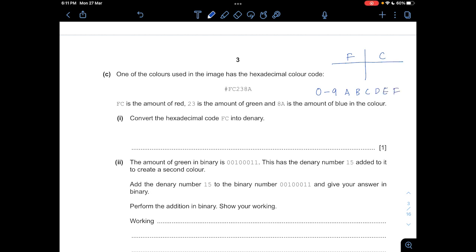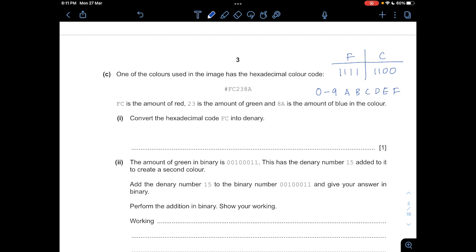And then for F, that would be 15, also known as 1111. And C would be 12, which I have to calculate, so that would be 1100, if that's correct. Yeah, 13, 14, 15, yes. So this is how you get your binary. Your binary will be 1111, 1100.